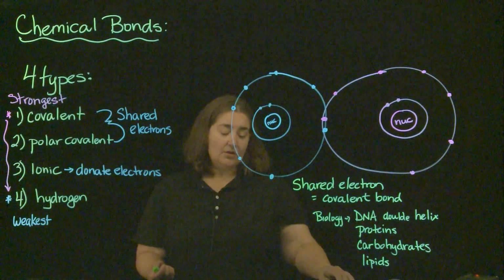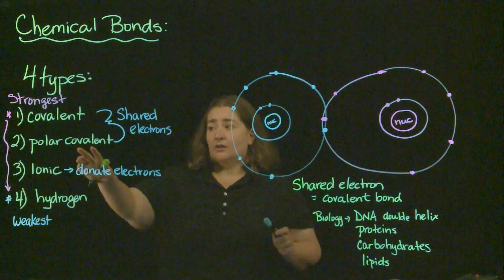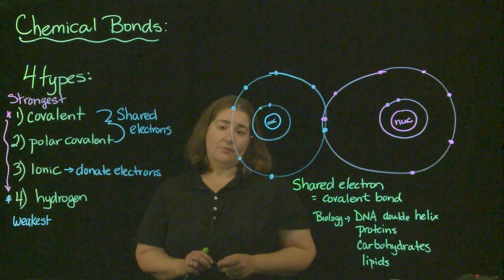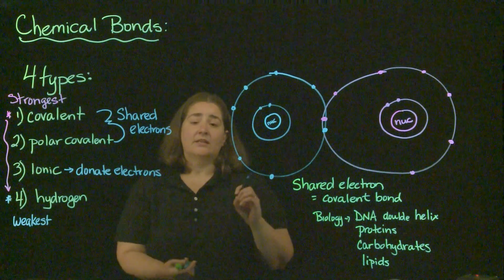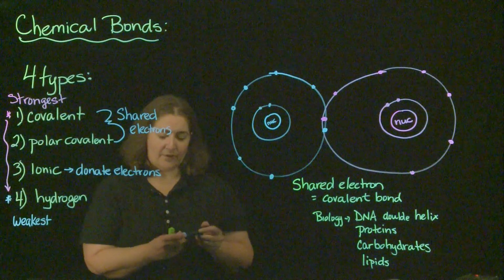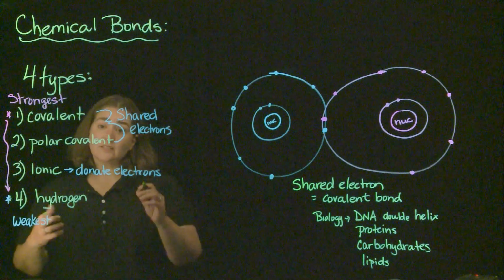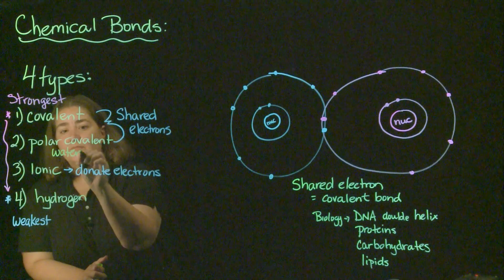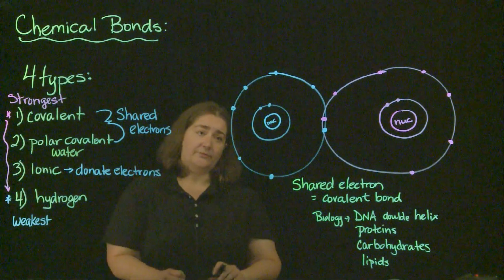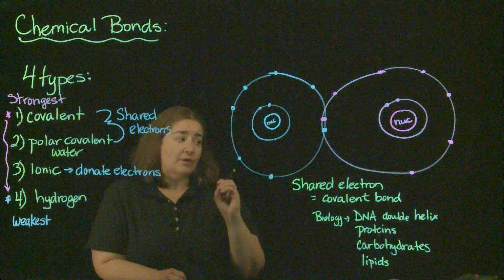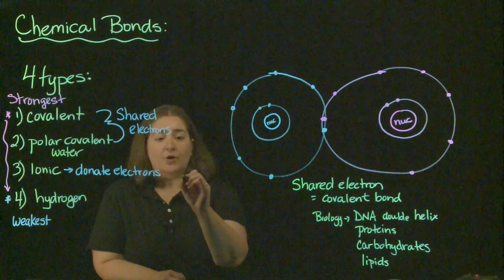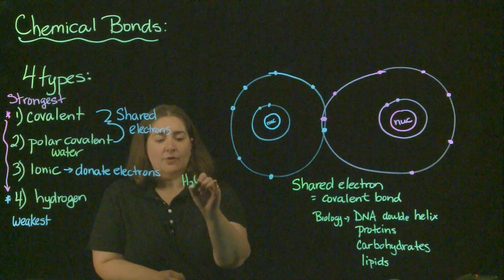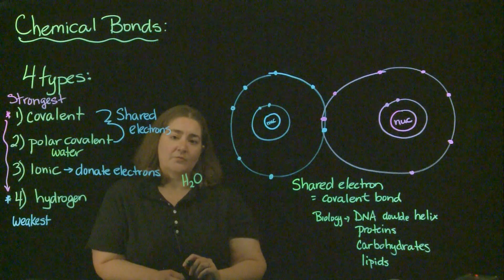All right? We also have, and I've got up here, the polar covalent bond. All right? And in terms of the polar covalent bond, my best example for that is going to be water. Because what you've got that makes up water, right, the chemical structure of water is H2O.